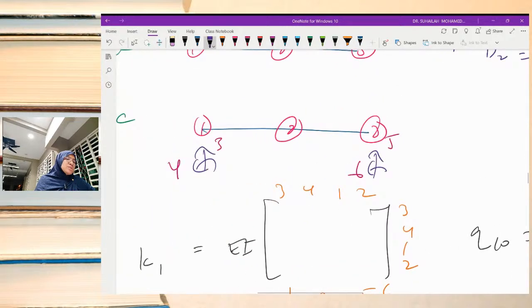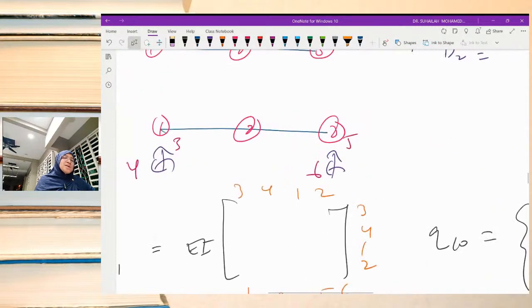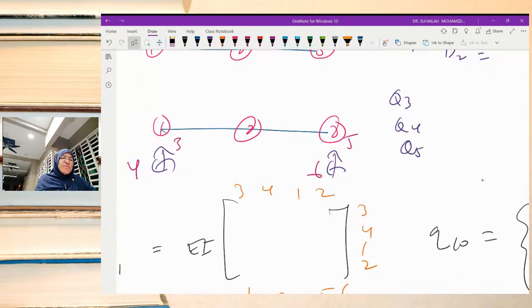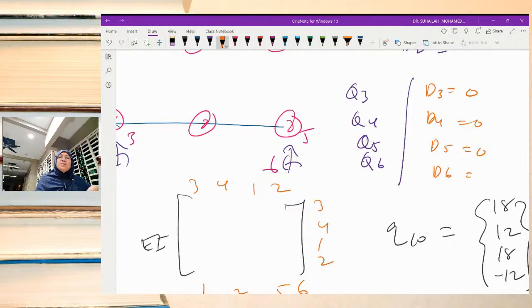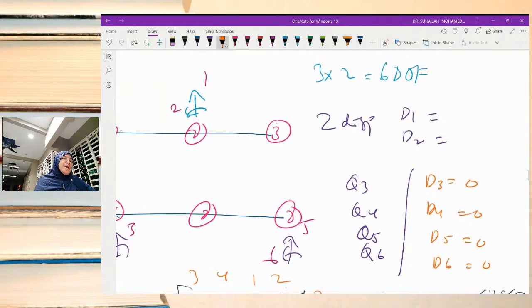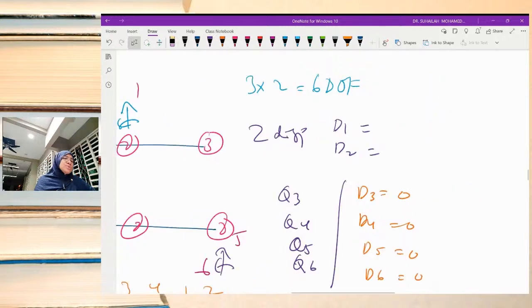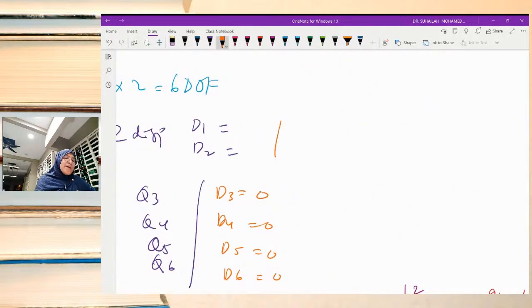Based on the constraint system, we have 4 unknown reactions: Q3, Q4, Q5, Q6, and the known condition D3, D4, D5, D6 equal to 0. For D1 and D2, the known loads are Q1 and Q2.